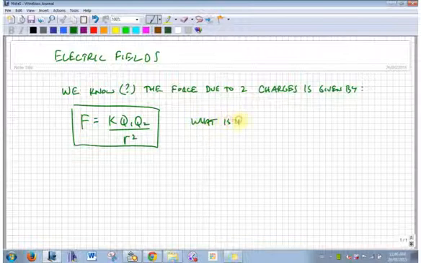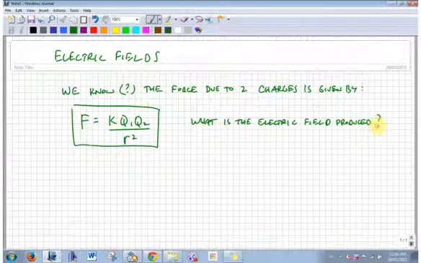So, now we're talking about electric fields. Is there an electric field? Well, if I said magnetic field, do you get a kind of mental image, visual going through your head?